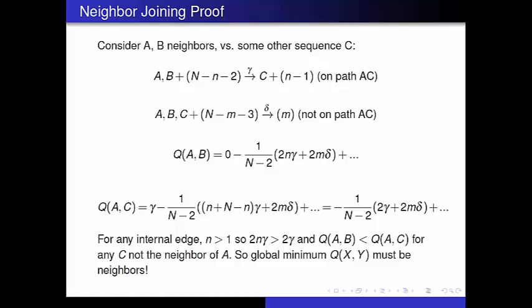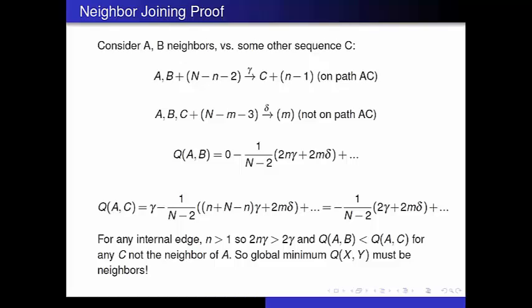Because A and B are neighbors. There are no internal edges on the path between two neighbors, right? Neighbors are defined as a pair of sequences that are connected by a single internal node with no internal edges from internal node to internal node, right? Is that fine? Okay, so I'm going to make that explicit by writing a 0 here, that neither of these edges, gamma or delta, contribute anything to the actual distance from A to B.